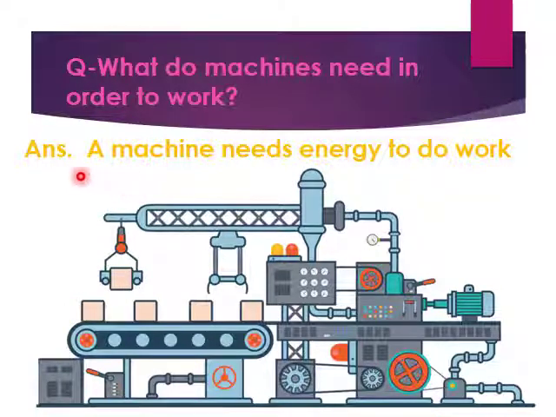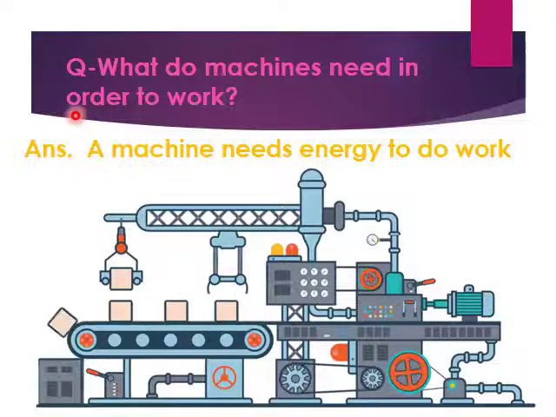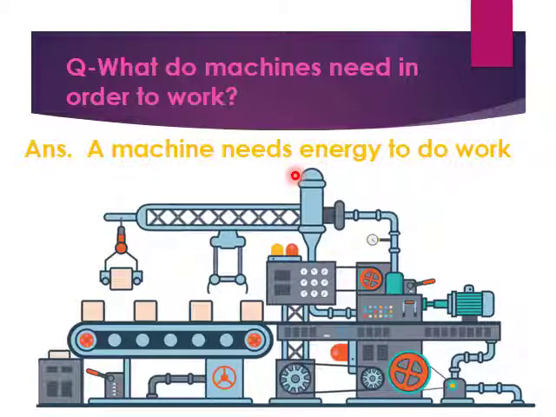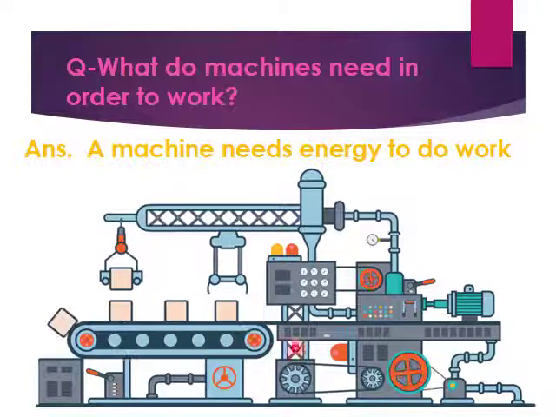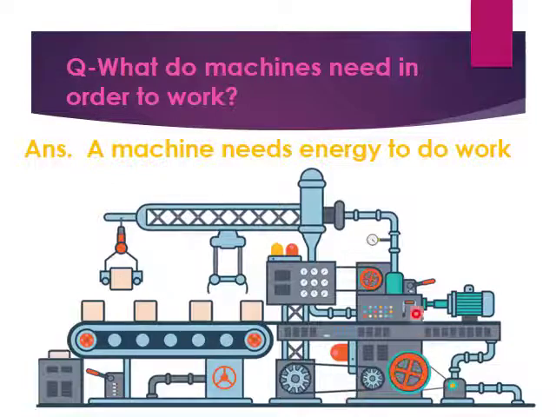They all need energy to do work. Machines make our work easier, and they cannot work by themselves. They need some kind of force, or you can say energy, to make them move and work. So what do machines need in order to work? A machine needs energy to do work.